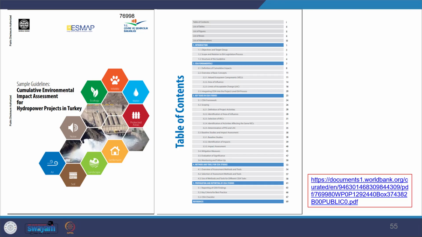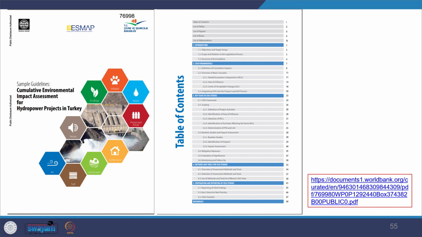Then you also find sample guidelines on cumulative environmental impact assessment for hydropower projects, from the context of Turkey, and this guideline was developed by the World Bank. I've also given you the link here.